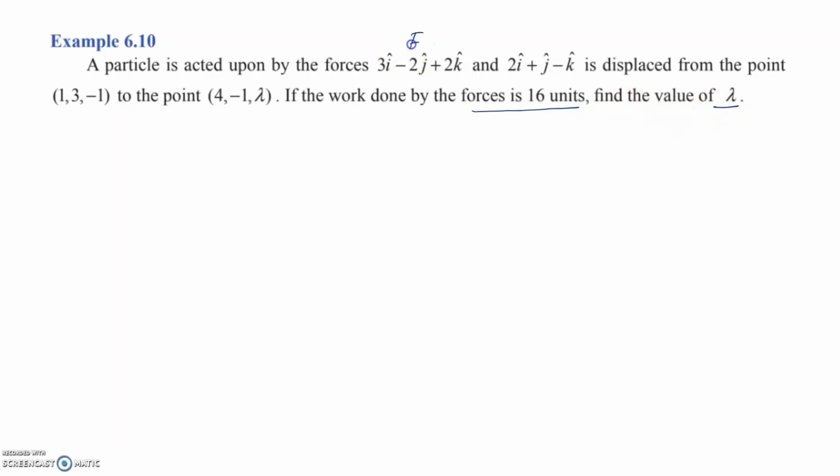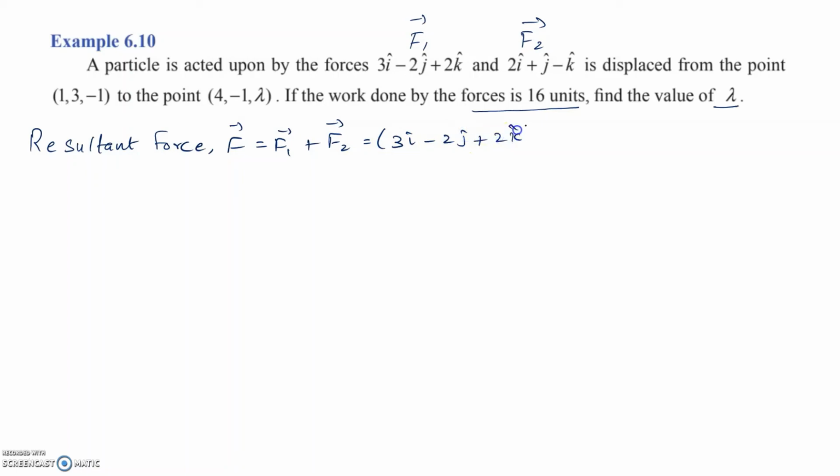So this is our F1 vector, F2 vector. So the resultant force is F is equal to F1 plus F2, and that is equal to 3i cap minus 2j cap plus 2k cap plus 2i cap plus j cap minus k cap.